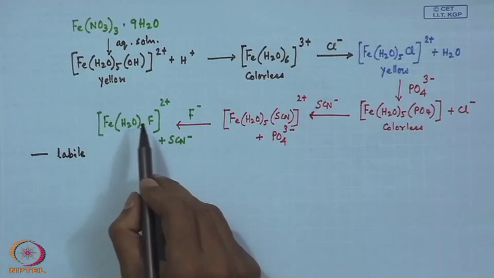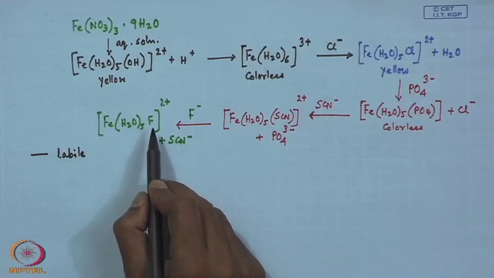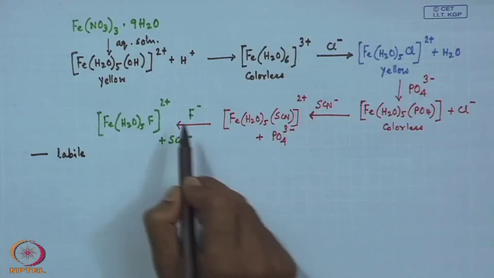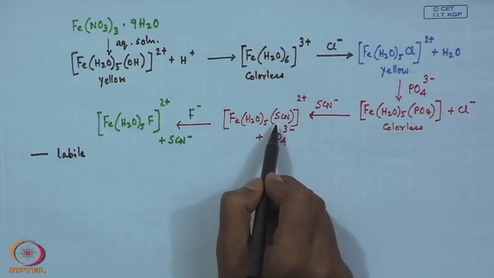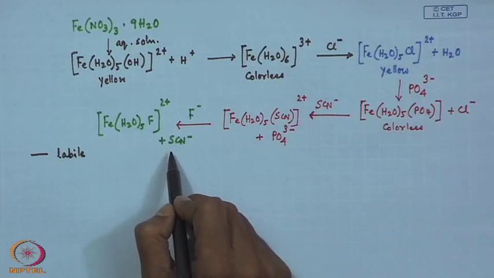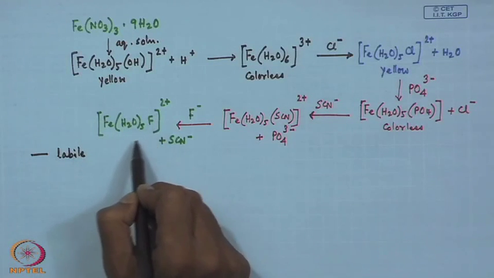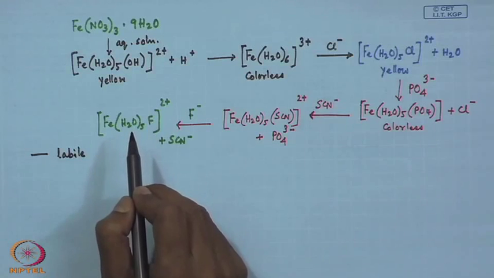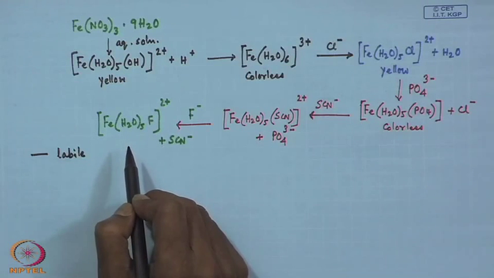That means the ligand exchange reaction takes place at the time of mixing of the solutions. Whenever we add fluoride to this solution, the thiocyanate is immediately kicked out of the medium and we form the corresponding fluoropentaaquairon(III) compound at the time of mixing.